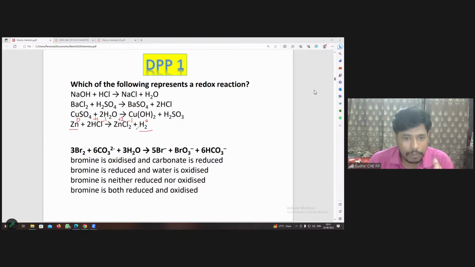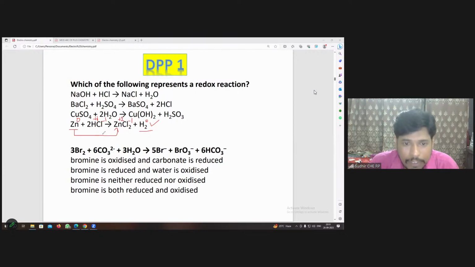Now you compare oxidation number of zinc. It is 0 to +2. That means increase or decrease in the oxidation number? It is increase in the oxidation number. That means zinc is involved in the oxidation process. And from the hydrogen point of view, initially before the reaction, it is +1. But after the reaction, what is the oxidation state of hydrogen? It is 0.